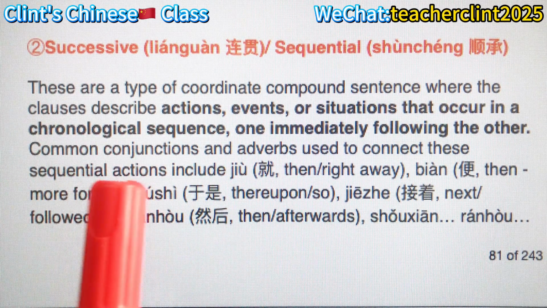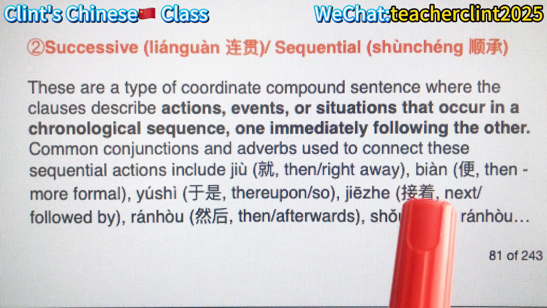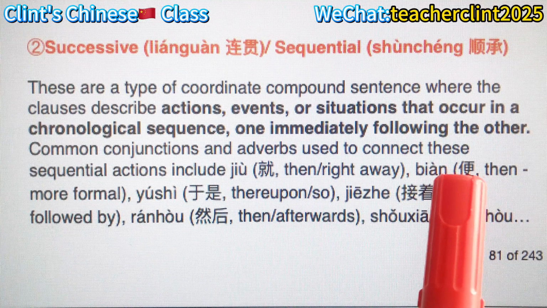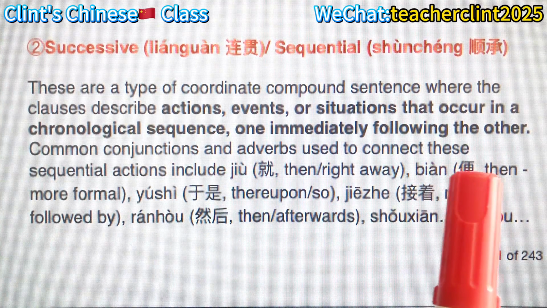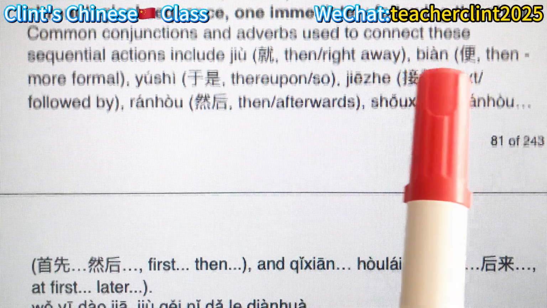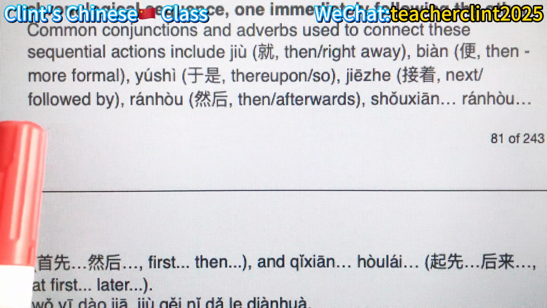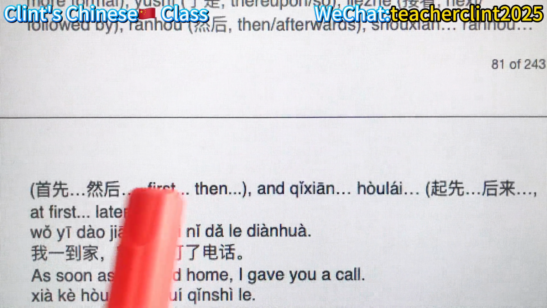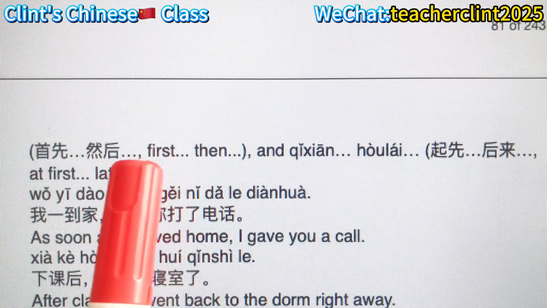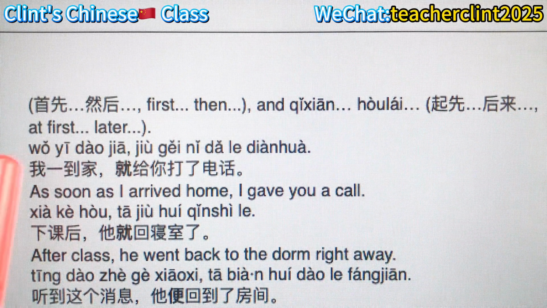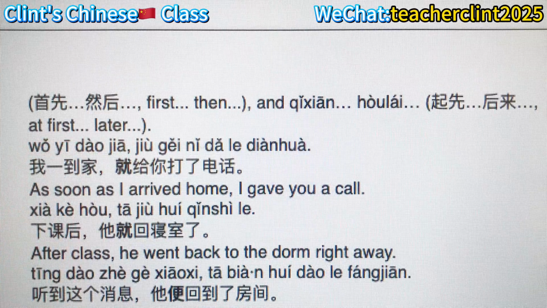It's like I do something, then I do something, right? And 便 then, meaning the same with 就, but it's more formal. 于是 thereupon, 接着 next, or followed by, 然后 then or afterwards, 首先然后 so first and then, 起先后来 at first, later.